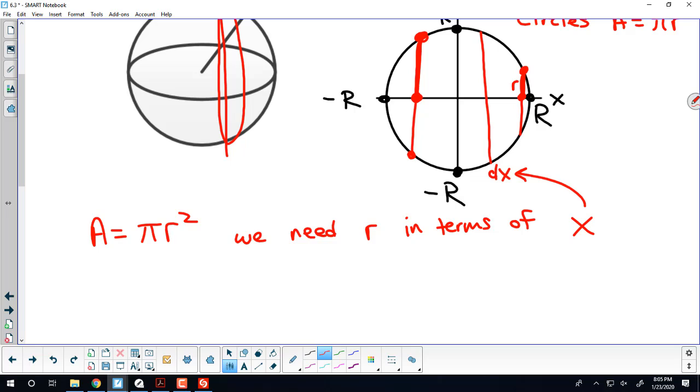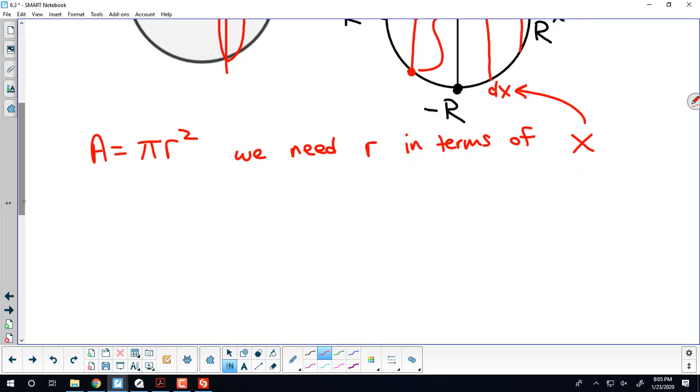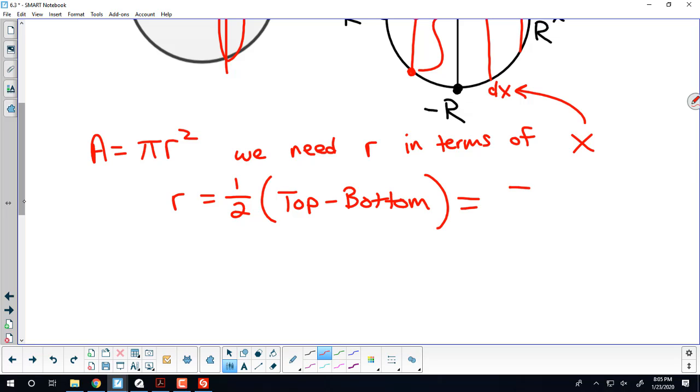Or we could say I'm going to take this whole length here, which would be top function minus bottom function, and then I have to divide that in half because I want the radius, not the diameter. So however you want to look at that, r is half of the top minus the bottom, or it's the same thing as the top minus 0. We just need to measure half of it.